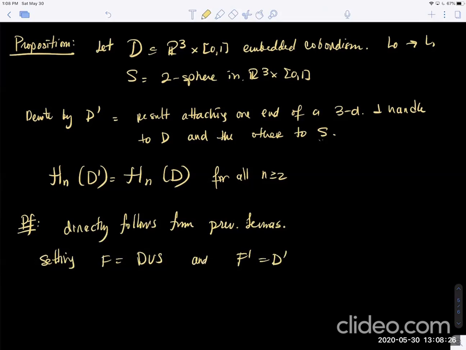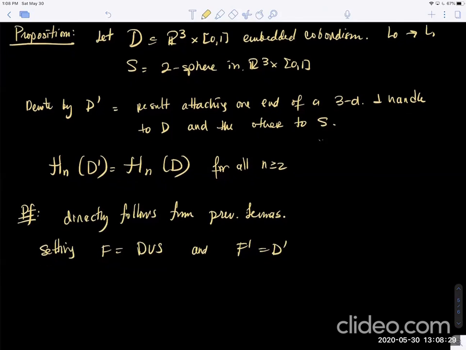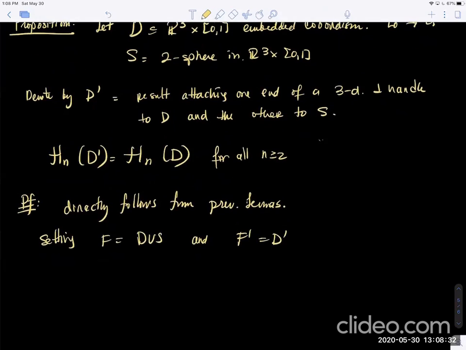Okay, fantastic. So now finally we are ready to prove our theorem, which really is almost a corollary of this proposition.